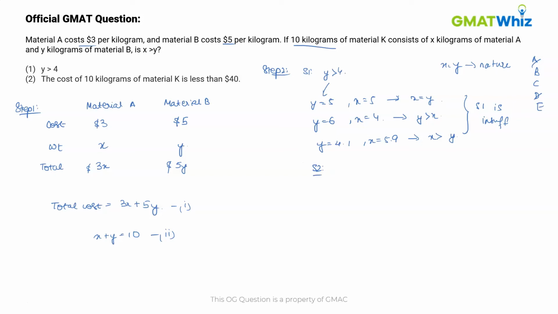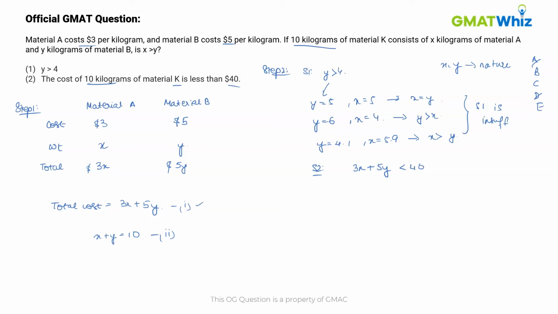In statement 2 we have that the cost of 10 kilograms of the material K is less than $40. That means the cost given by equation 1, 3x plus 5y, is less than $40.